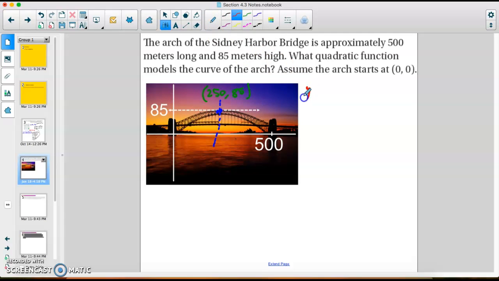We plug it in, so y equals, we don't know our a yet, times (x minus h), which happens to be 250, squared, plus k, which is 85. Now we need one more easy point to plug in, and I see that this is an easy point right here. We're at (500, 0).